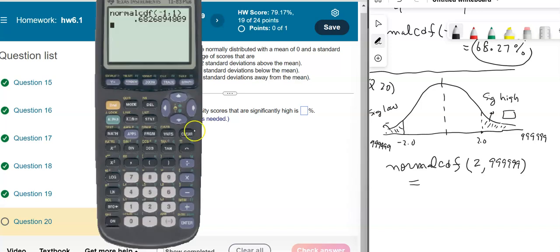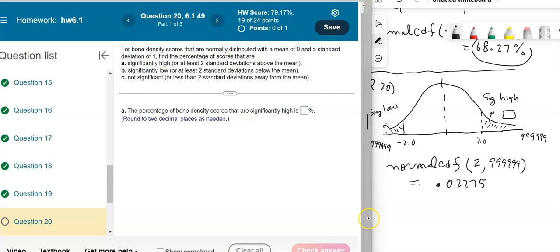So go to normal CDF, second bars, normal CDF, and then 2, 999,999. Then that right tail area is 0.02275. Okay, in 2 decimal percent, this is 2.28%.